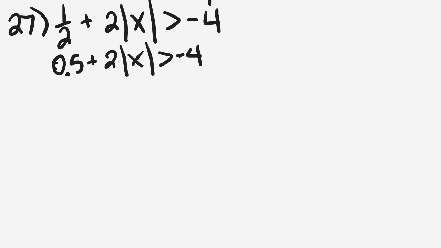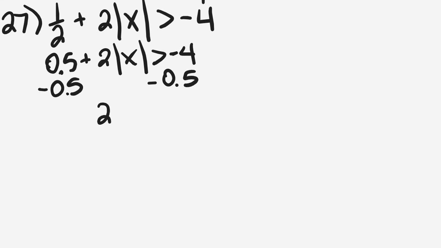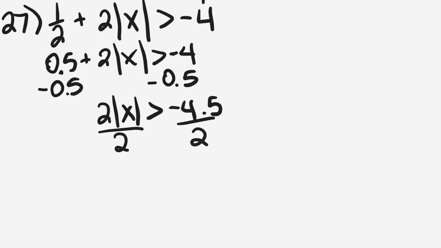There we go, negative 4. Minus 0.5, minus 0.5, we get 2 absolute value of x greater than negative 4.5.